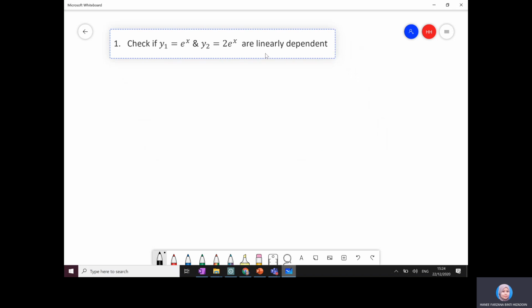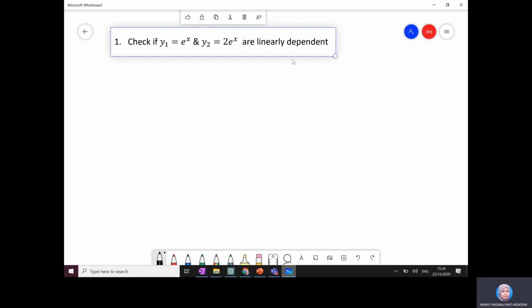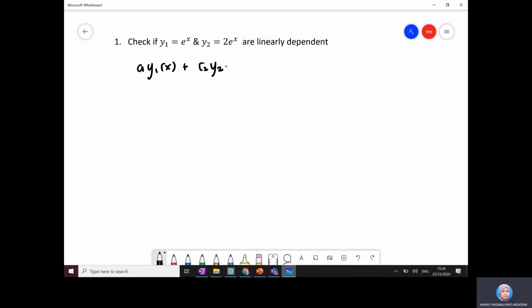So we want to check if y1 and y2 are linearly dependent or not. We have y1 and y2, so we can write down c1y1(x) plus c2y2(x). So c1y1 is c1 times e to the x plus c2 times 2e to the x. So you can see that it is c1 e to the x plus 2 times c2 e to the x.